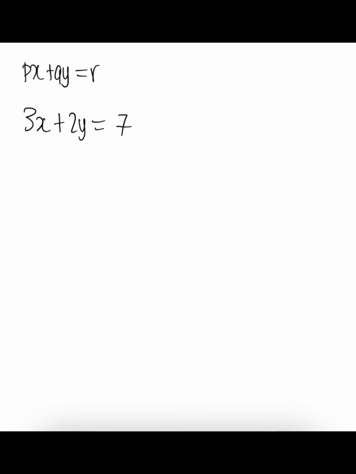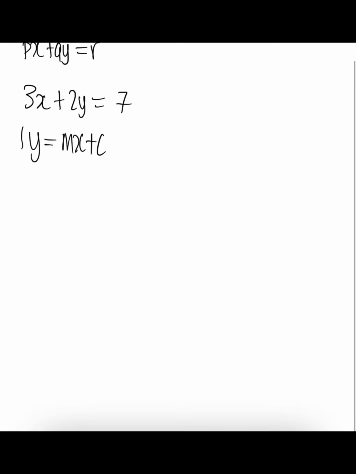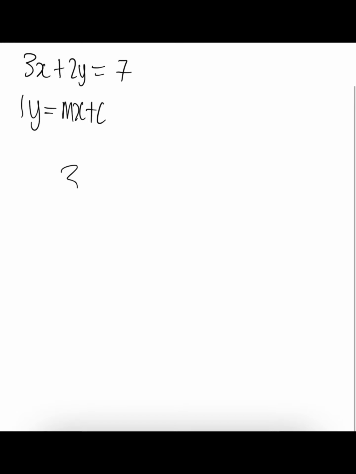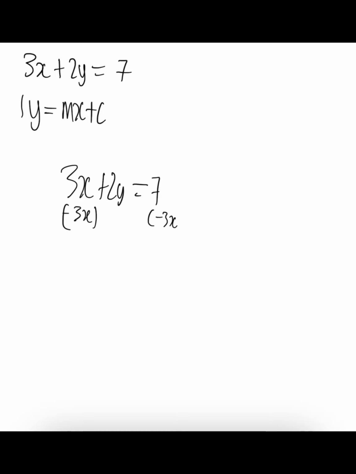Now let's try and recall the formula that we generally use for the equation of a straight line. We have y equals mx plus c. Now there will be an imaginary 1 in front of the y. So let's try and get px plus qy equals r into the form y equals mx plus c. Let's write it out again here. 3x plus 2y equals 7. Now the first step we want to make is isolating the y values. So we can do this by subtracting 3x on both sides.